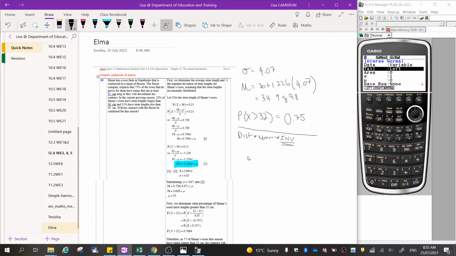If I test the inverse, that means that my tail is going to be right. I don't have to write this down. It's over here. The tail's right because of this statement here. The area that we're looking for is going to be 0.75 because that's from the claim. We want our standard deviation to be 4.07.